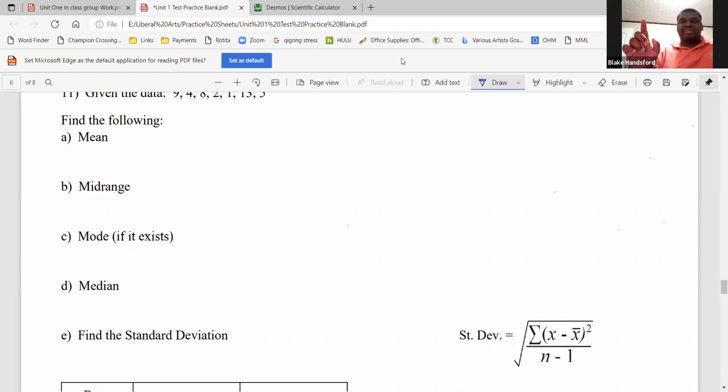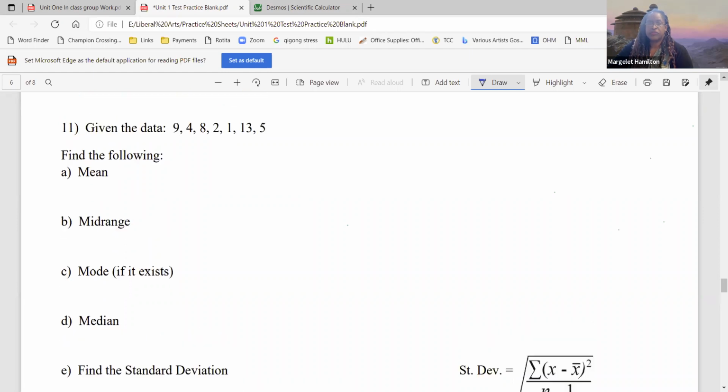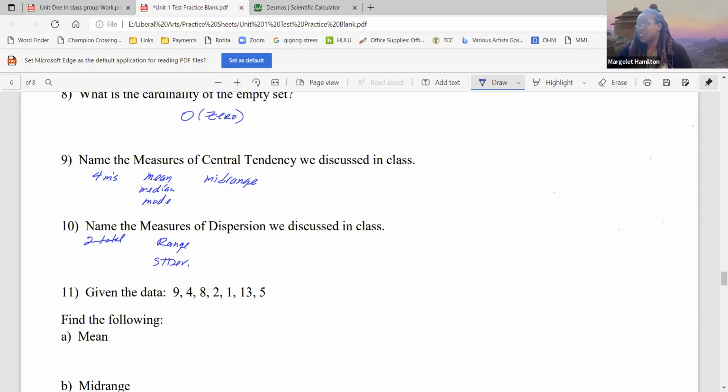Dr. Hamilton? Yes. Can you go back to number 10, please? Sure. There's not that many questions, because remember, some of them have different moving parts. Like your normal distribution is going to have moving parts. So they're not going to give you a whole slew of questions.